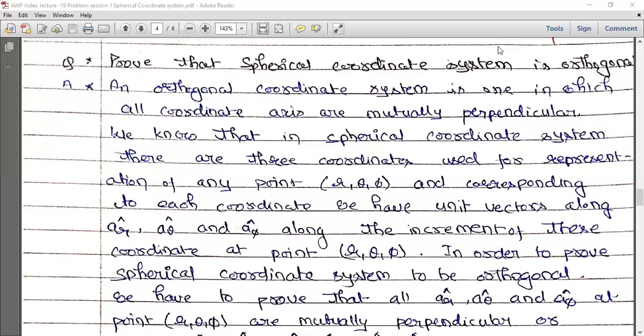The important thing is that the directions of AR, A theta and A phi are defined for a particular point. For two different points, it is possible that all three or some of the unit vectors are different. This is a very significant difference between the spherical and rectangular coordinate systems. In the rectangular system, the unit vectors ax, ay and az are universally defined and unique; for every point, ax, ay, az are the same.